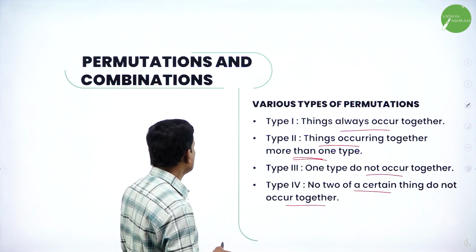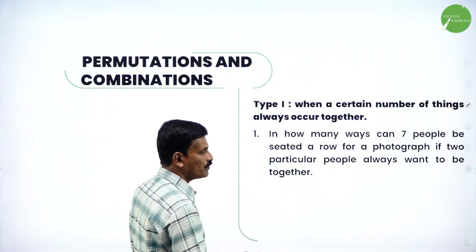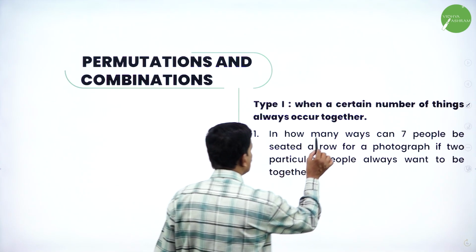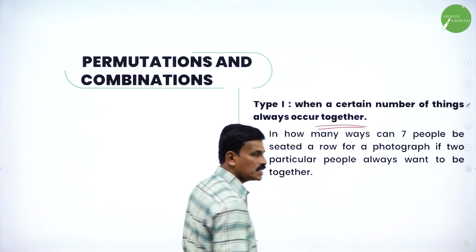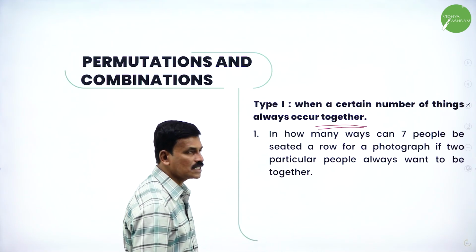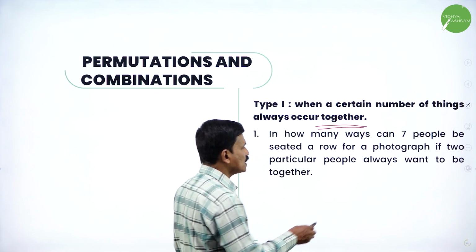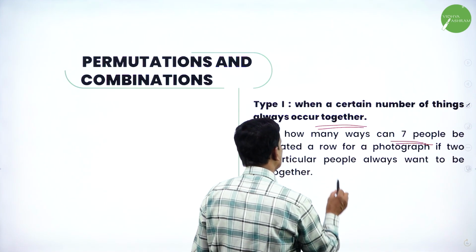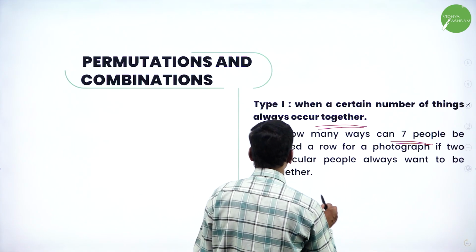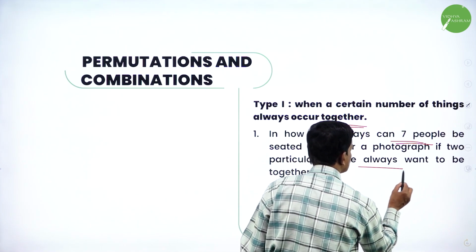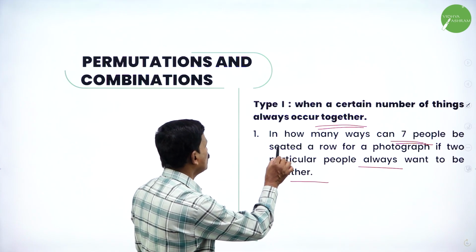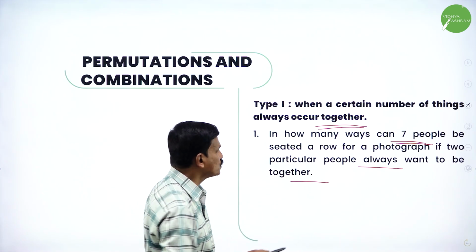And now, based on this, let us take a few problems. Now, move on to the first type. In type 1, a certain number of things always occur together. Now, let us take an example. In how many ways can 7 people be seated in a row for a photograph if 2 particular people always want to be together? So that means a certain number of people always occur together.